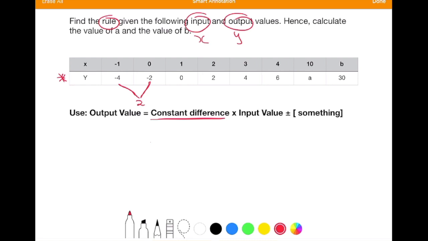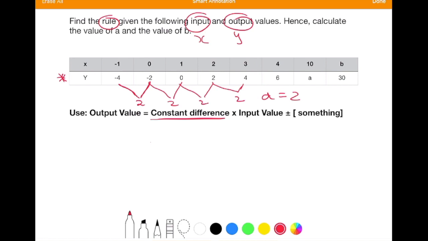You will notice you will still get a 2 if you subtract -2 from 0. So 0 subtract -2 will also give you 2. Also, 2 minus 0 will give you 2, and so on. So 4 minus 2 will give you 2. So the constant difference is equal to 2 in this case.